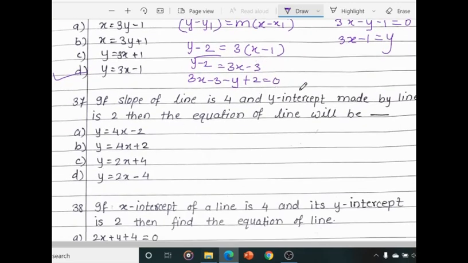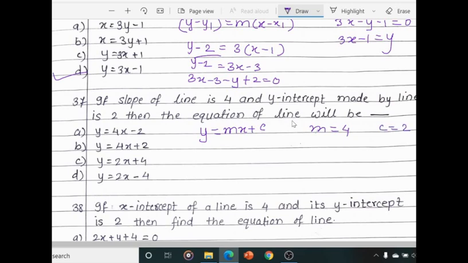The slope of a line is 4 and the y-intercept made by the line is 2. Then the equation of the line will be: the equation of a line is given by y is equal to mx plus c. Here the value of m is given 4, c is given 2.